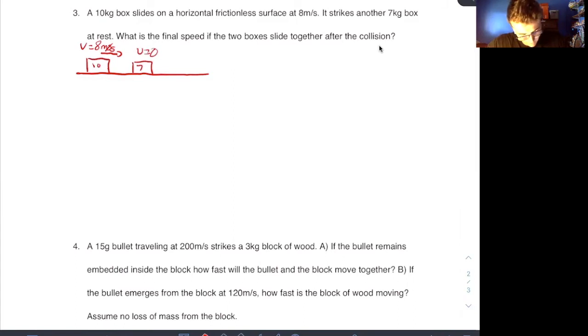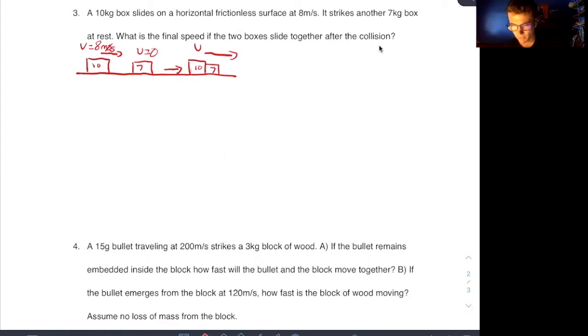Then they come and stick together. So we have 10, 7, and then they move at some velocity over here. That's what we want to find: the final velocity of these two boxes as they collide and stick together.